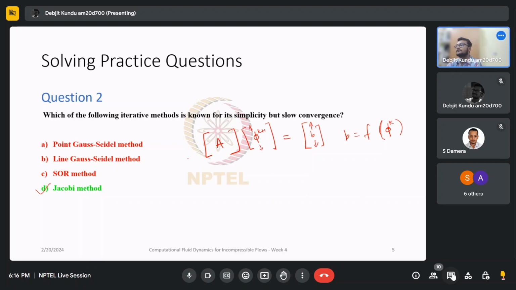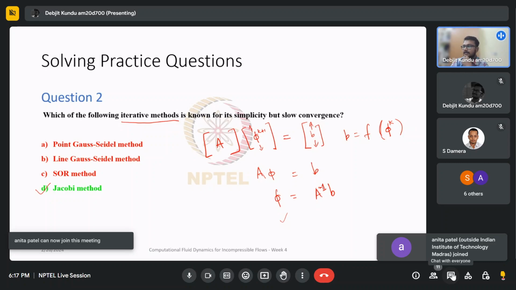So this becomes A phi equal to b, and phi we can then write as A inverse into b. So simply doing this would give us the next iteration value of phi, and we will keep on continuing this until the error becomes small enough, which is a telltale sign of an iterative method in which we don't directly do things, we iterate again and again.